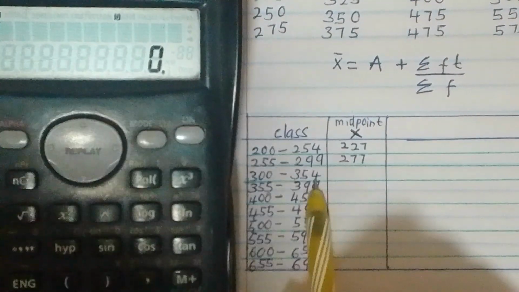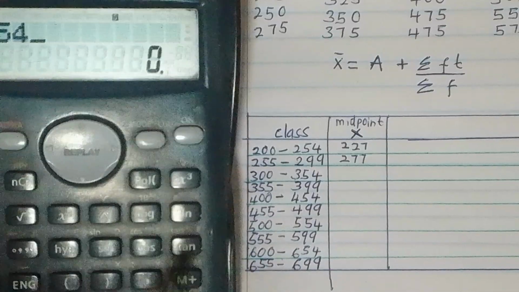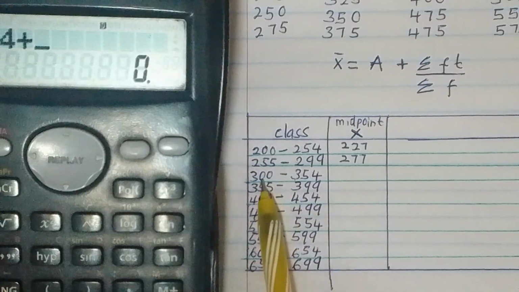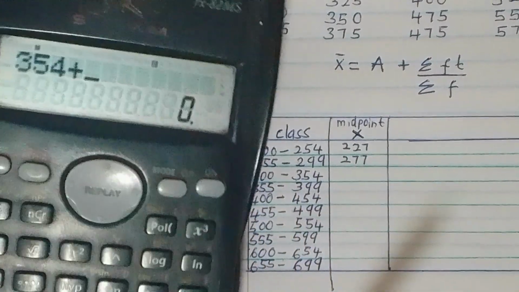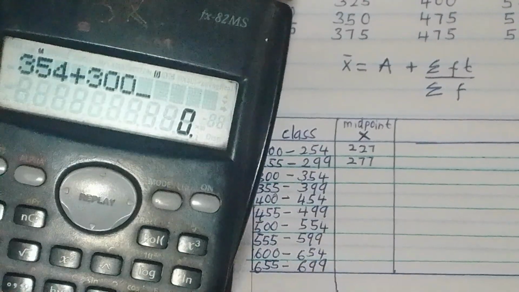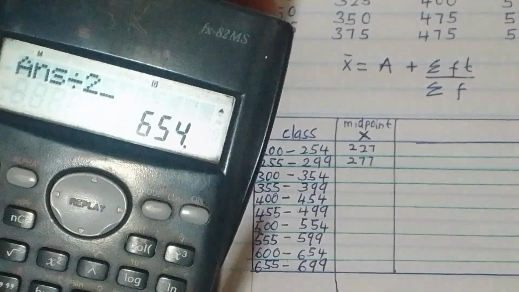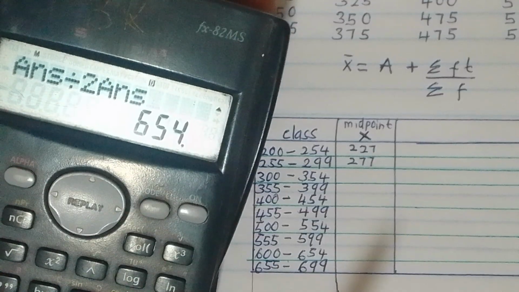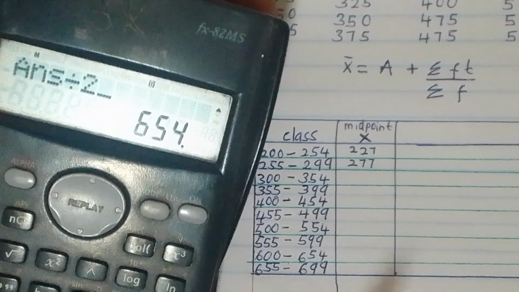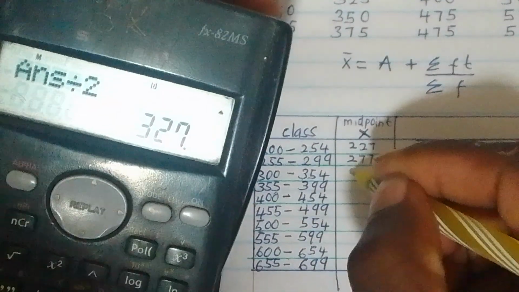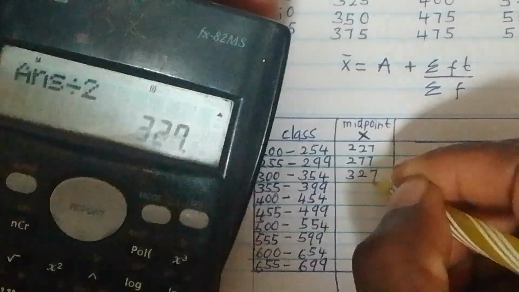The next one is 354 plus 300 divided by 2, which gives 327.